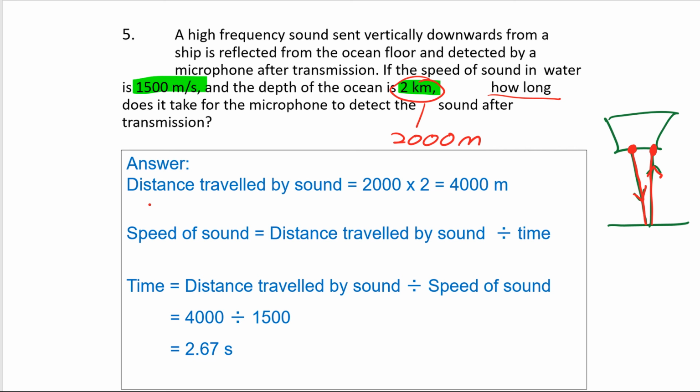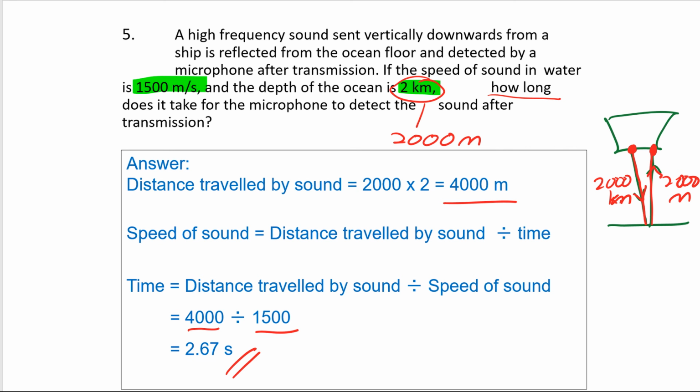So the total distance that the sound has traveled will be 4,000 meters, because the depth is 2,000 meters, and then another 2,000 meters up. So total distance is 4,000 meters, and the time will be distance divided by speed. So distance is 4,000, speed of sound is this, so this is the time.